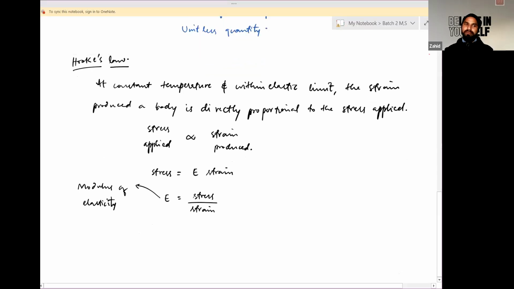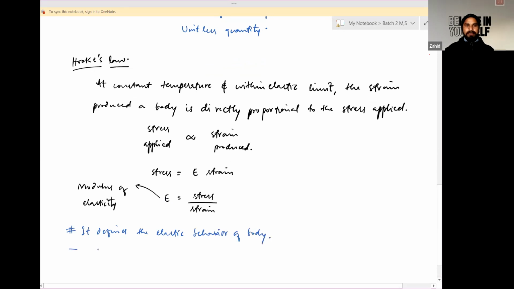So the greater the value of modulus of elasticity, the more elastic the object will be. So first, modulus of elasticity defines the elastic behavior of the body.